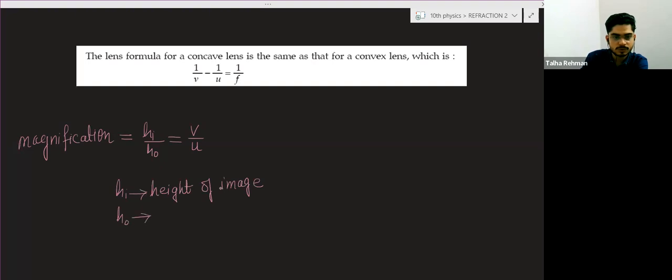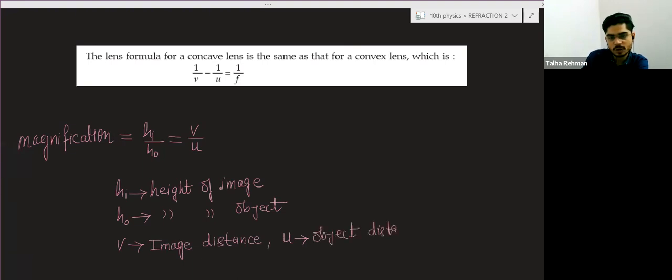HO, height of object. And V and U, V is image distance. U is object distance from the optical center. All the distances we will measure from the optical center.